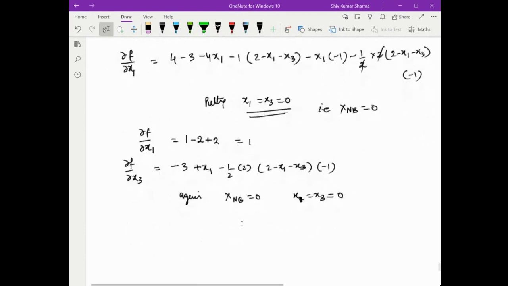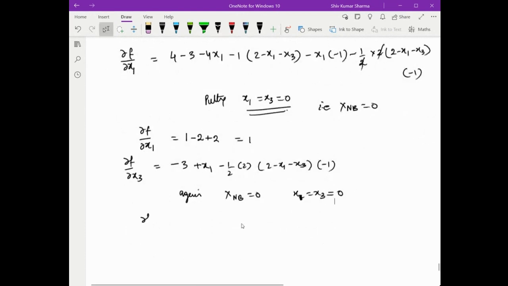So what is the value of del f upon del x3? Here this is 0, and 2 times 1 is 2, so minus 1, and both are 0, minus minus plus, so plus 2. So this gives us minus 1.